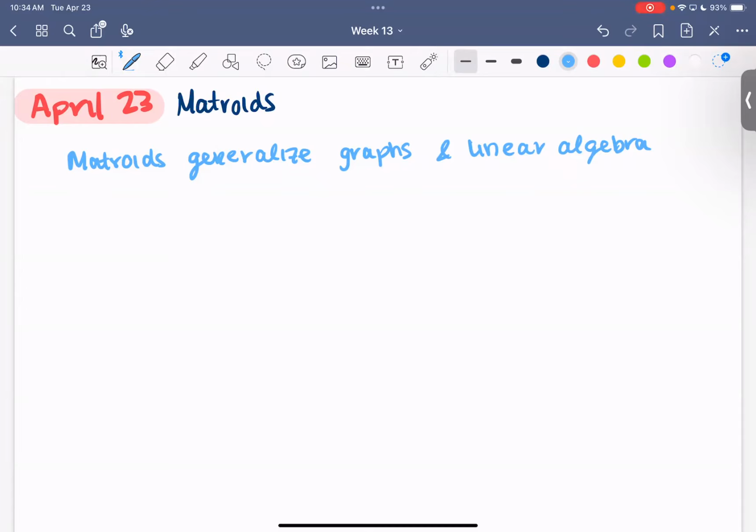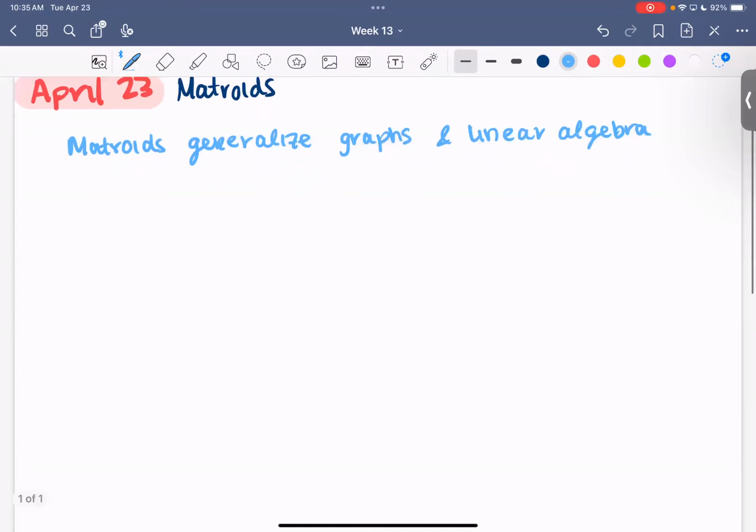I'll start with some examples, and we'll see the similarities between graphs and linear algebra, which at this moment may not be that clear. Let's start with a linear algebra example, because I know for some of you it's been several semesters since linear algebra, so I understand if it's not at the front of your mind.